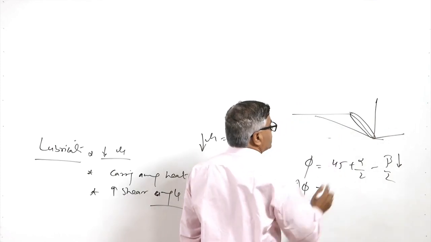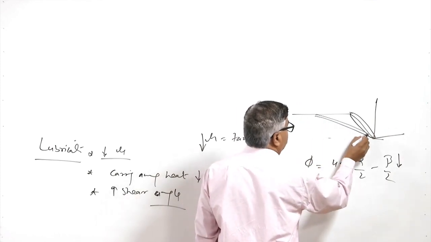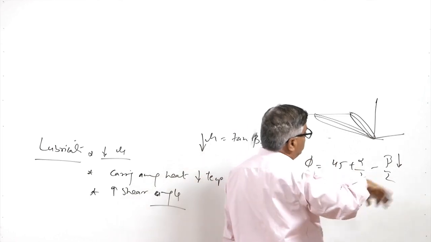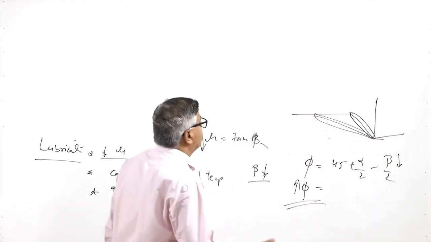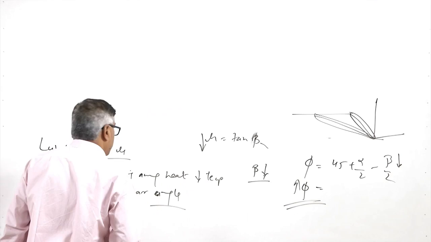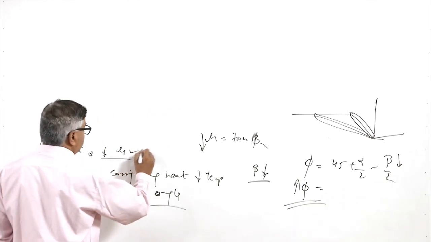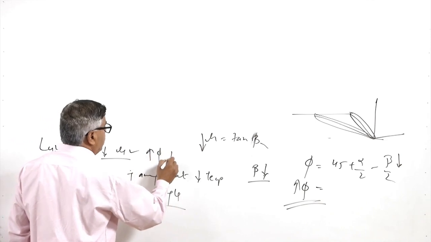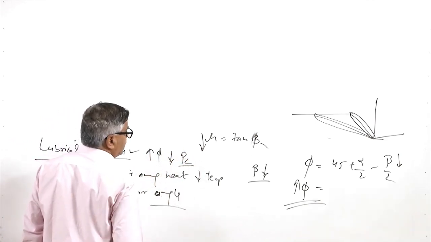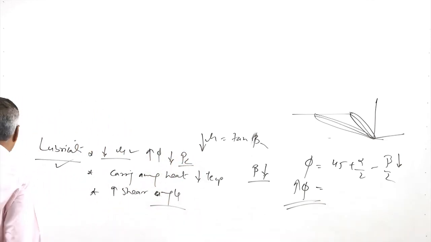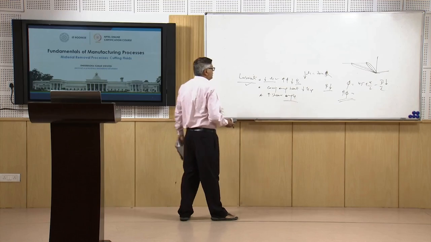If the shear plane angle is low, we need to shear off a much larger area, which will require much more shearing force and much more power consumption. So, when the lubricants are used, it reduces the friction and increases phi, which in turn reduces the power required for cutting, as well as the forces required for shearing.